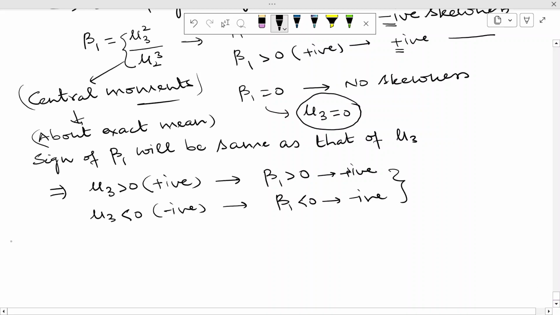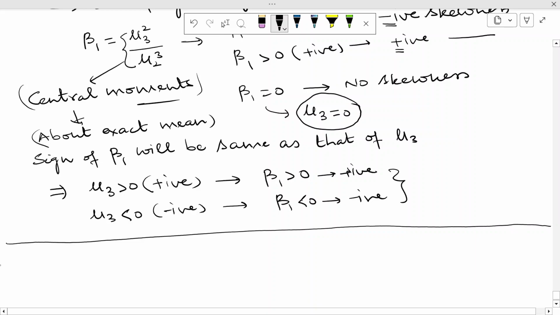Now, continuing in this sequence, we have another measure of the characteristic of the data, and that is known as kurtosis. Kurtosis gives an idea about the peakedness of the frequency curve.